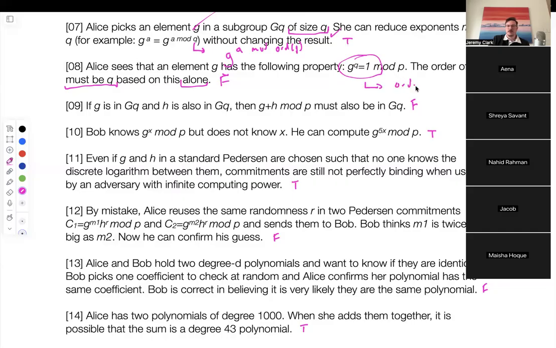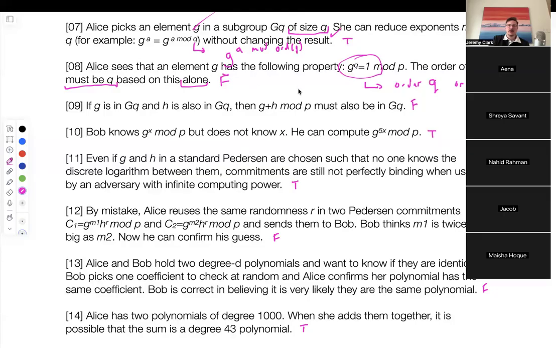It could be order Q, but it could also be, say, order 2 or order 1 even. So this is a necessary condition to check that the order is Q, but it's not sufficient. You also have to double check and make sure that it's not something of smaller order.